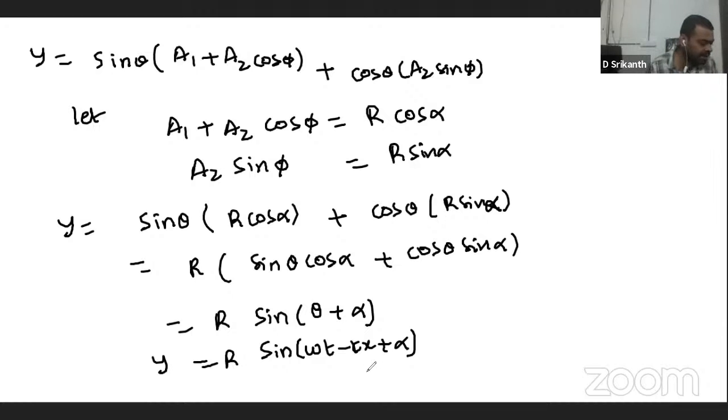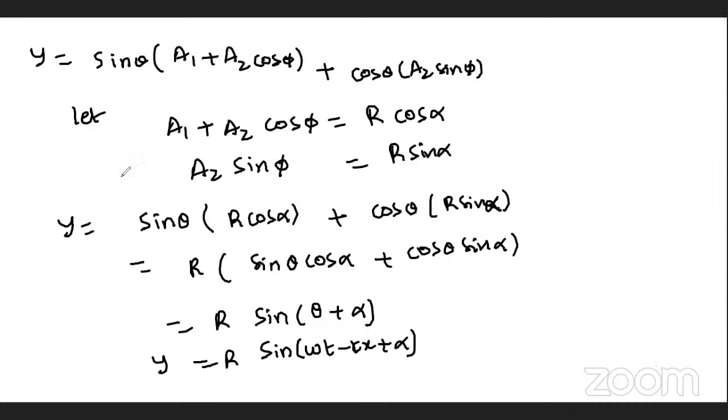We got it, right? Is it right? Now we consider that a1 plus a2 cos phi as capital R cos alpha and a2 sin phi we consider it as capital R sin alpha.